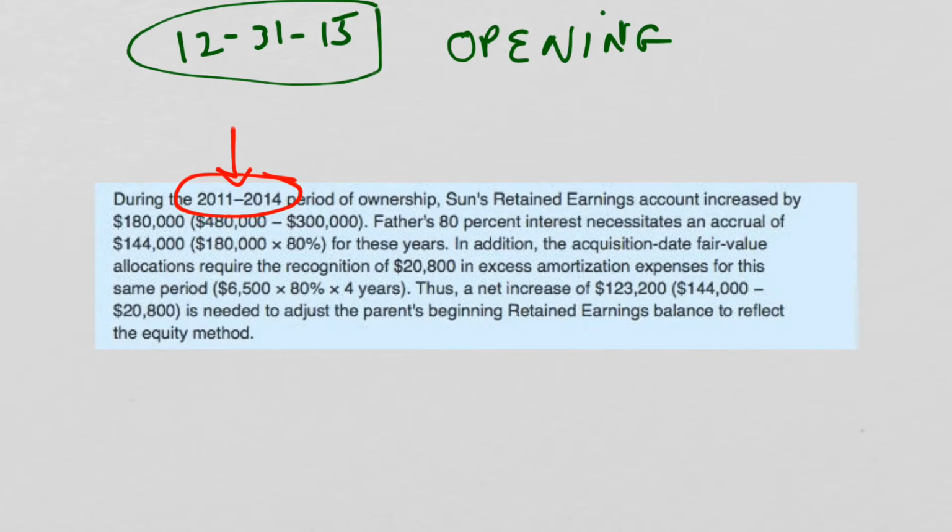So, what happened to retained earnings during that period of time? The subsidiary's retained earnings increased during that period of time by 180. How do we know? Well, we know it started at 300. That was given in the problem, at date of acquisition, 1/1/2011 to be precise.